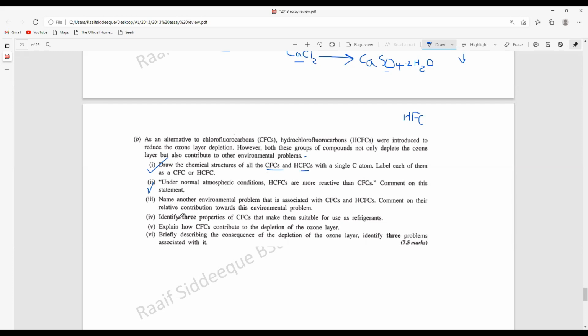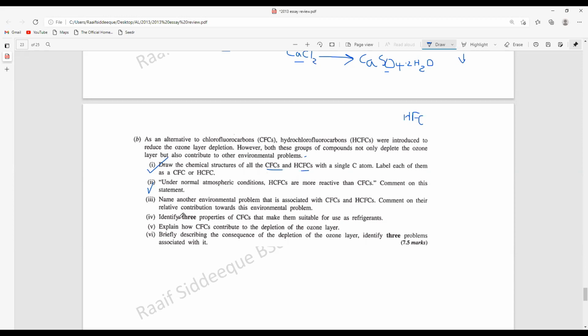When you compare the contribution, according to my explanation, the contribution from HCFC is a little lower than CFC, because CFC has a very high lifetime, so it can exist in the atmosphere to a larger extent than HCFC.